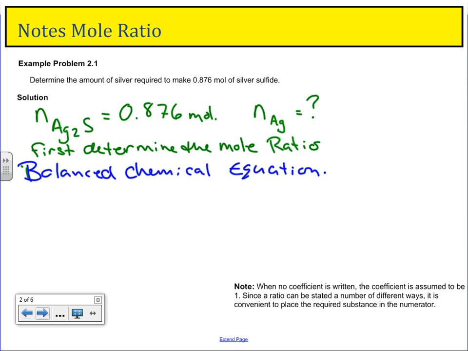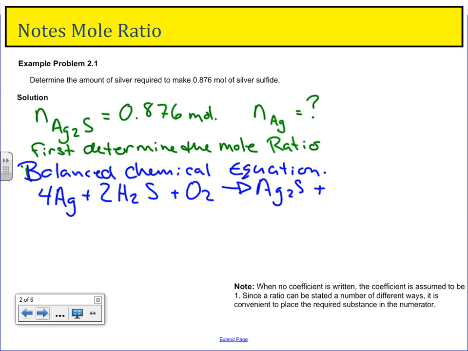The balanced chemical equation is actually given to us, and it looks like this. We'll always have at least the basics of our chemical equation provided for us. We may have to balance it out, but in this case, there we go.